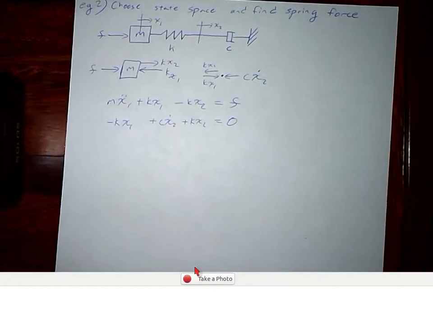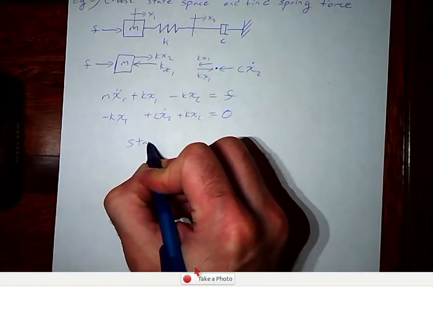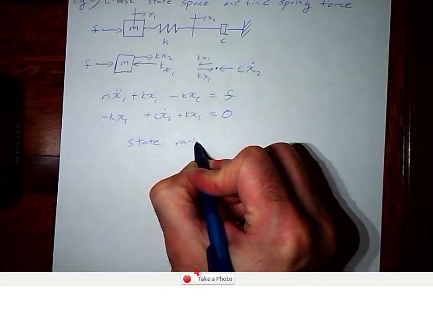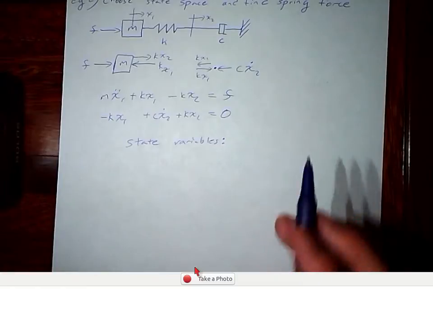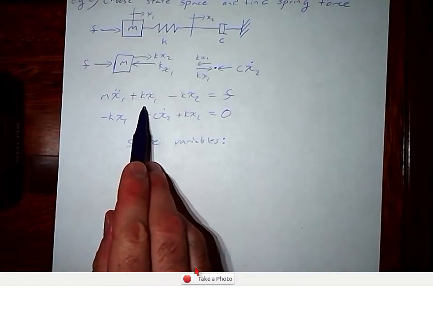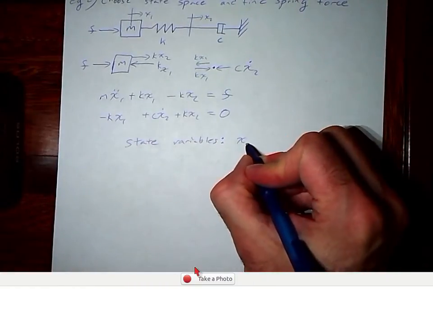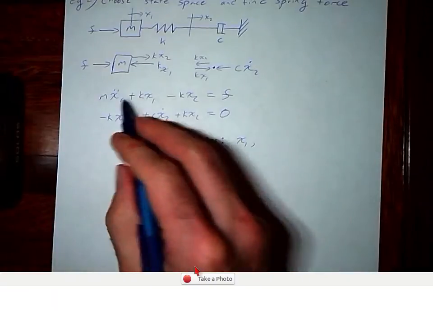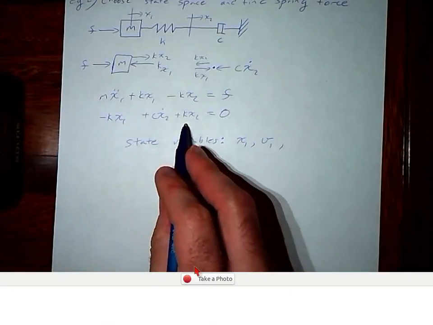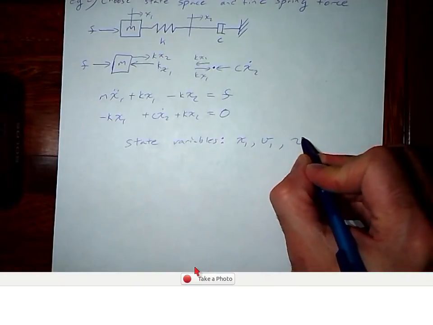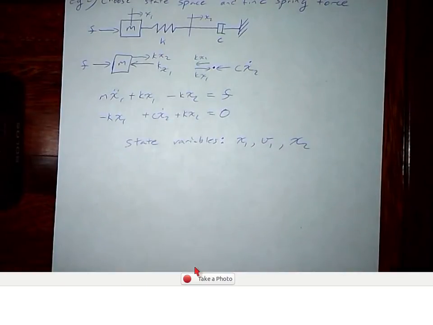And we need to choose our state variables. And they're going to be the variables in these equations that have time derivatives. So x1 has a time derivative, and then so does x1 dot. So x1 and v1. And then x2 has a time derivative, x2 dot, but x2 dot doesn't have a time derivative.